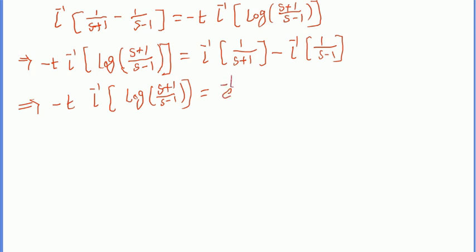E power minus t, minus L inverse of 1 by (s minus 1), whose value is e power t. Now multiplying by minus, t into L inverse of log of (s plus 1) by (s minus 1) is equal to what?